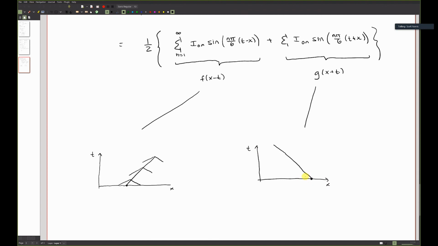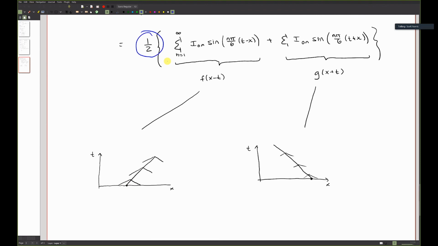And so if I have a little triangle, it is going to move to the left. So this is some shape traveling to the right with speed 1. This is some shape traveling to the left with speed 1. And look, they're each half as tall as the original.